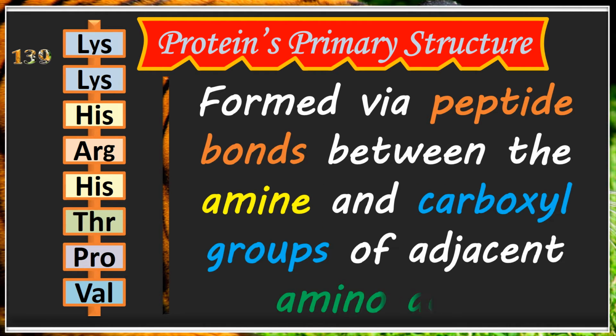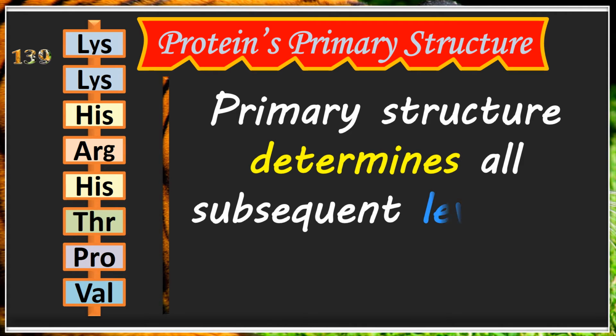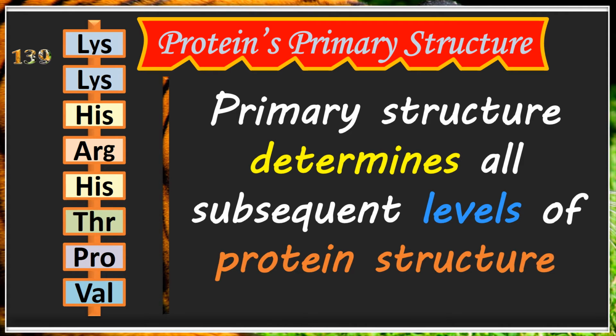This one is formed via peptide bonds between the amine and the carboxyl groups of adjacent amino acids. Primary structure, the one we are seeing on our left, determines all subsequent levels of protein structure.